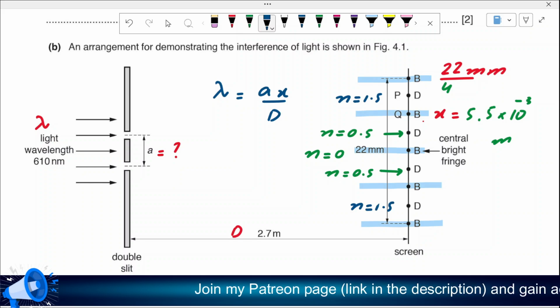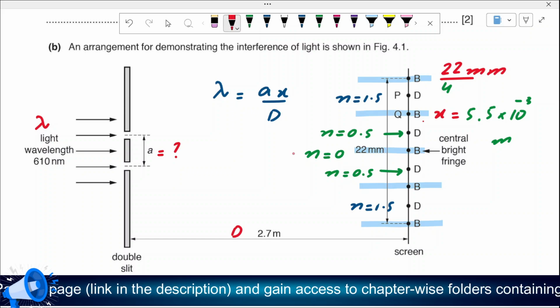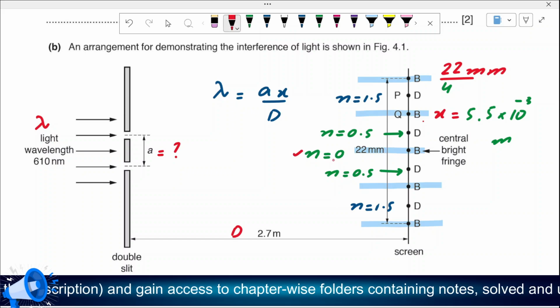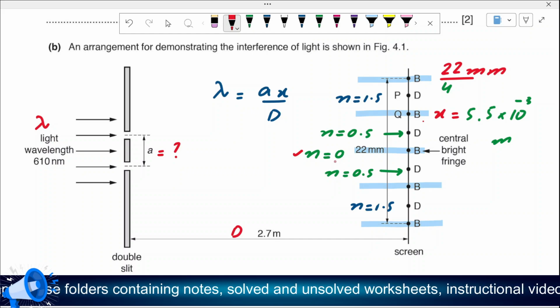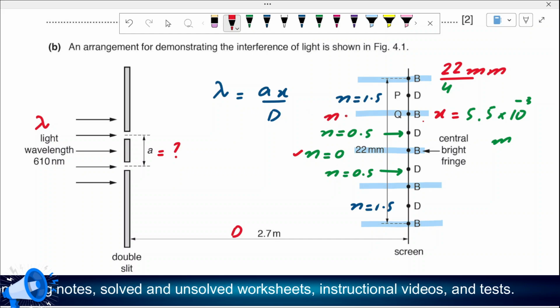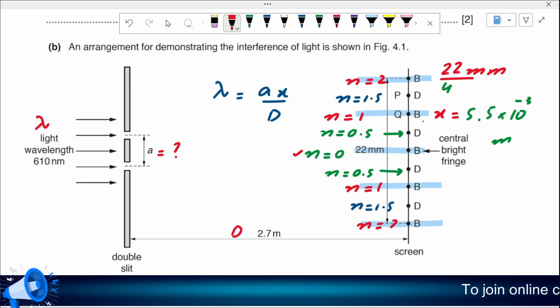Then 3.5. But the first constructive interference takes place at n equals to 0. And then the following constructive interference takes place at n equals to 1, so you get a bright spot there. And then the next one takes place at n equals to 2, so you get a bright spot over there, once again, at the top, at the bottom.